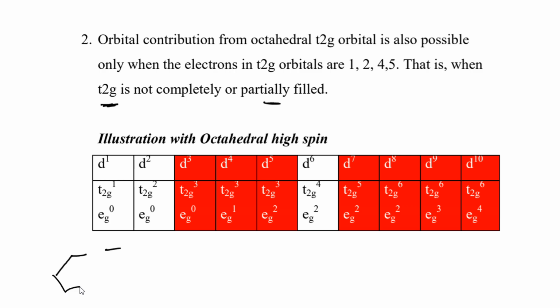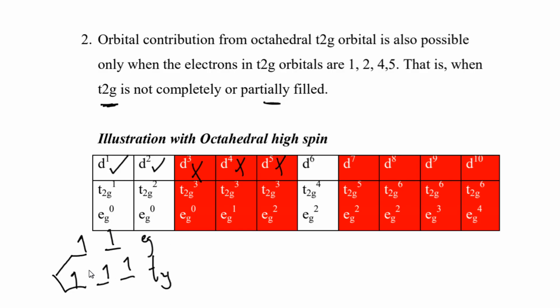This is octahedral, and this is T2G, this is EG. For D1, orbital contribution is possible. D2, orbital contribution. D3, no orbital contribution. D4, no orbital contribution. D5, no orbital contribution. They are all on EG.